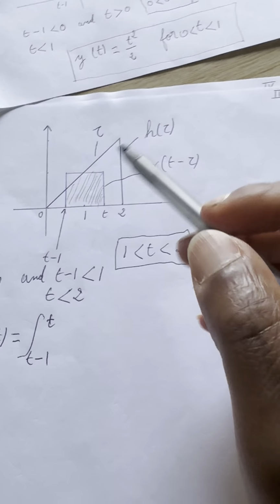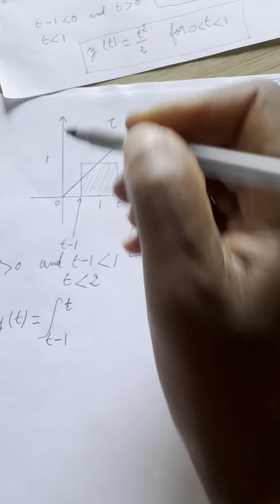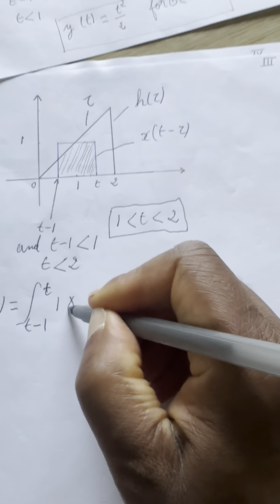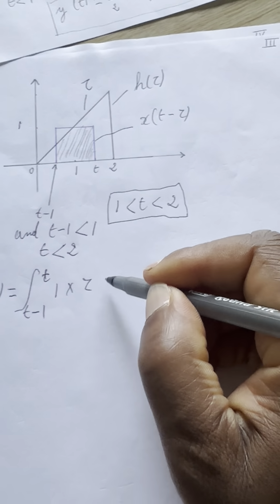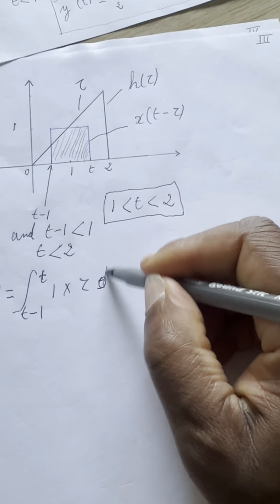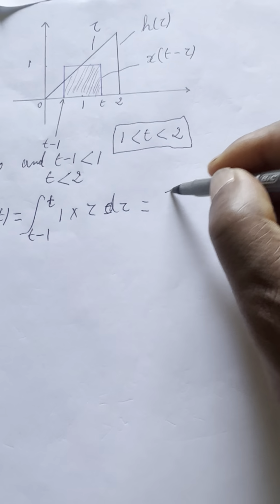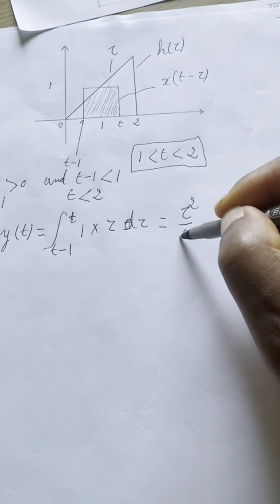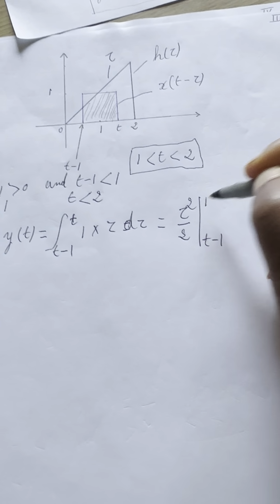So we have both signals. This signal is x(t minus tau), here we have 1 times h(tau) d tau, equal to the integral of tau squared by 2 between t minus 1 and t.